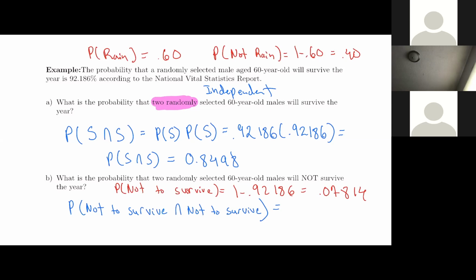So now we're going to take 0.07814 and multiply it by itself again, because we want both of them not to survive. Let me share my calculator with you so we can see how to do it.